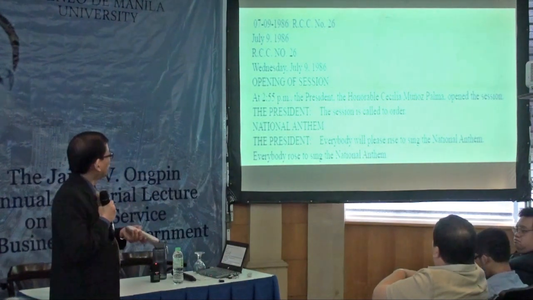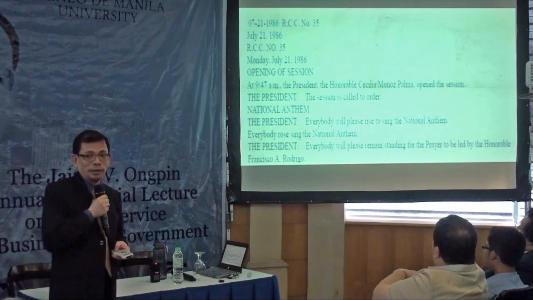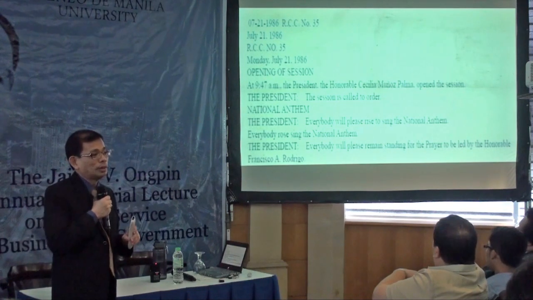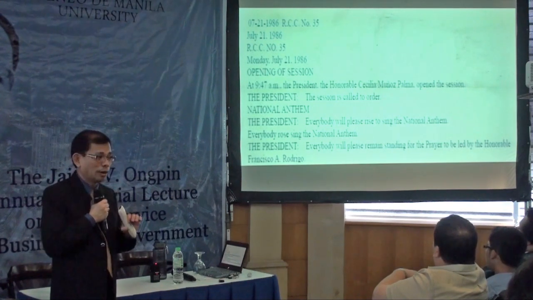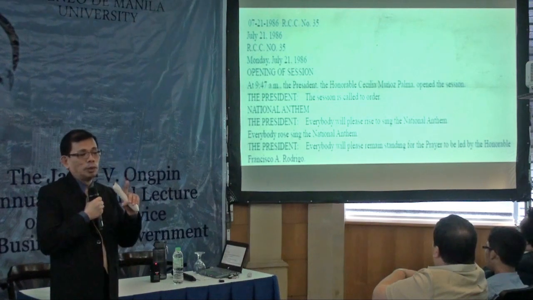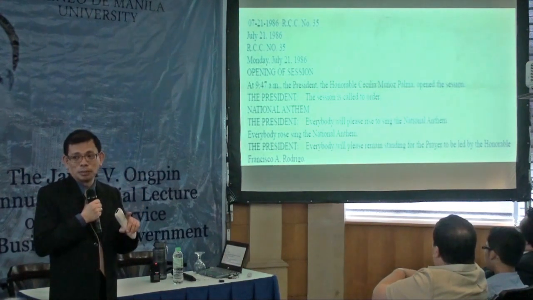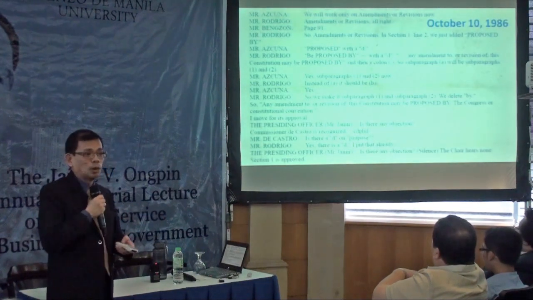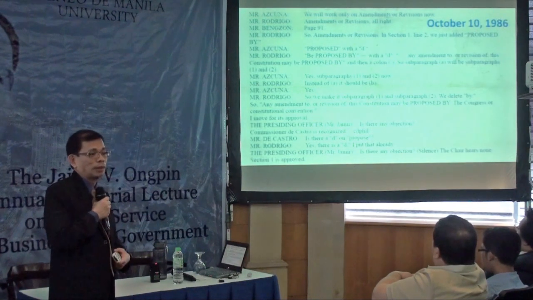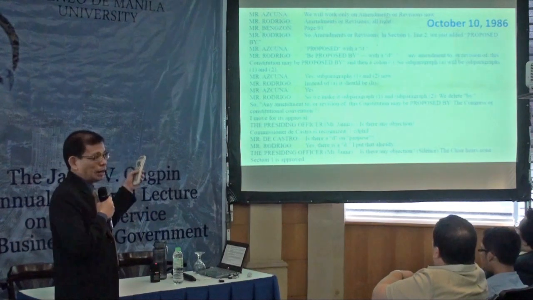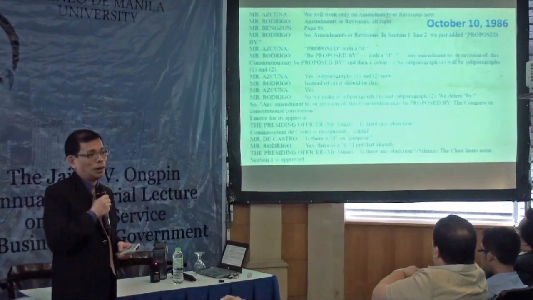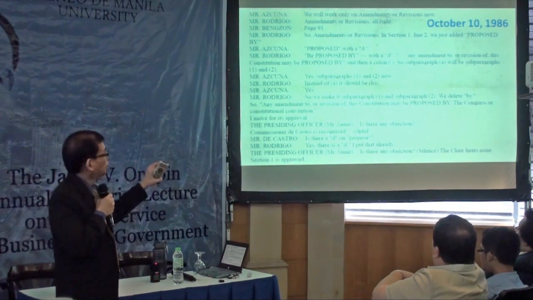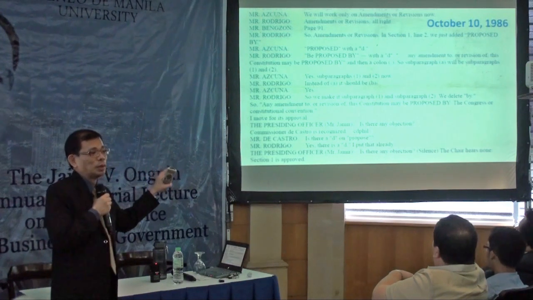But unexpectedly, on July 21, 1986, the vote was for a bicameral Congress by a margin of 1 vote, 23 versus 22. When the Committee on Style met on October 10, which was a Friday night, they missed out on the Congress, although they revised certain words there.